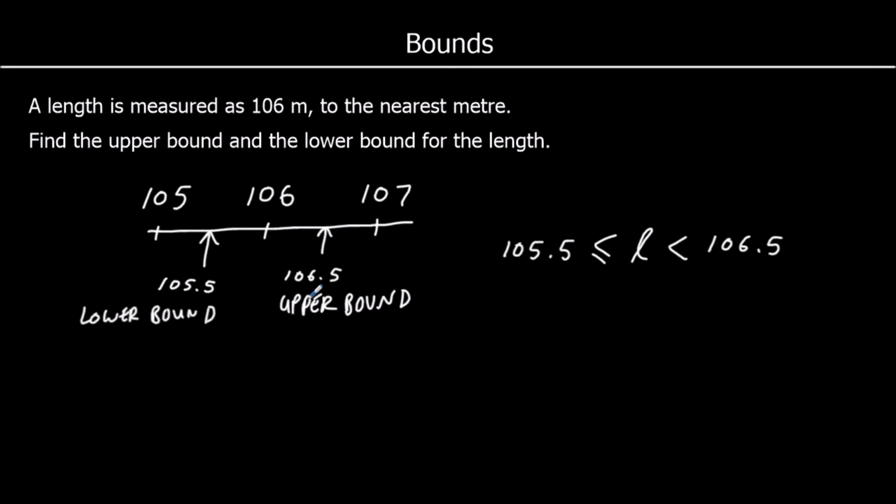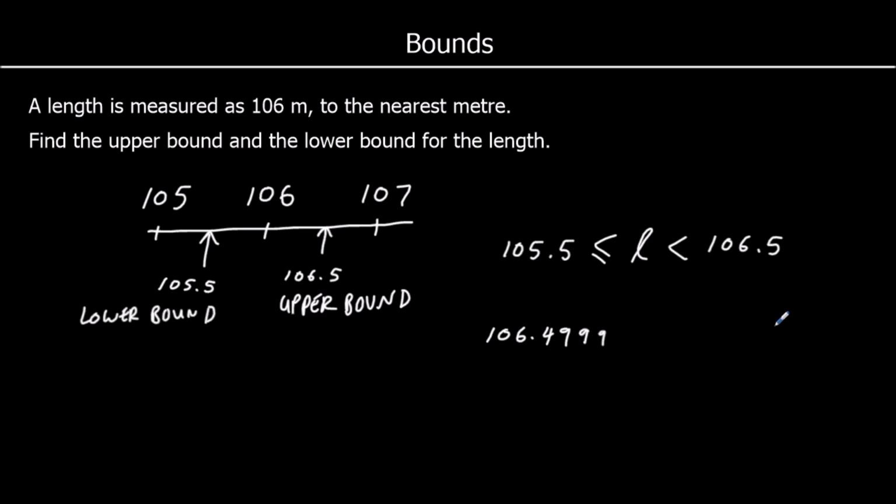So you might think, why don't I use 106.49 as the upper bound? And that's because it's not the highest possible value. If I had 106.499, that would be bigger than 106.49. Or if I had 106.4999, that's even bigger again.